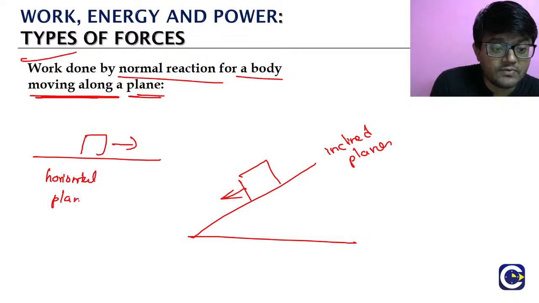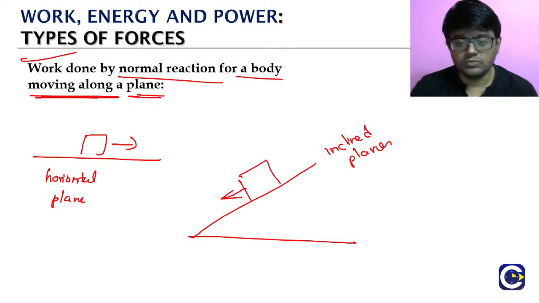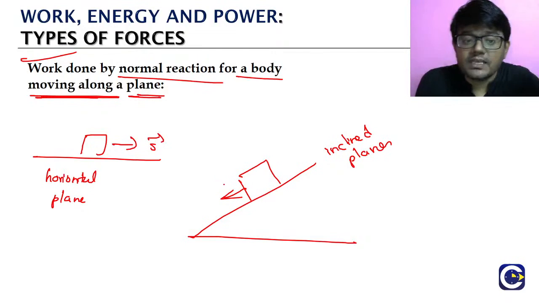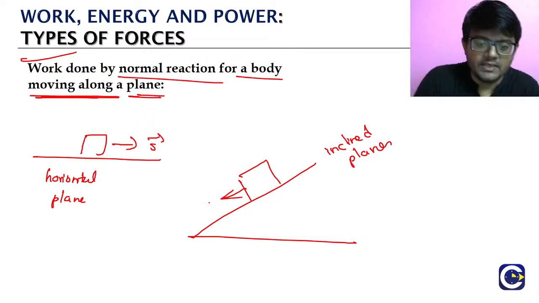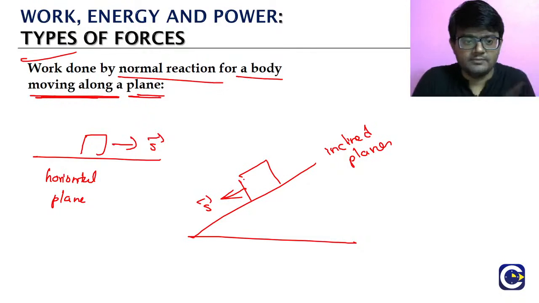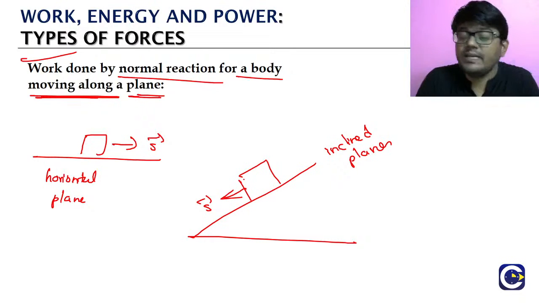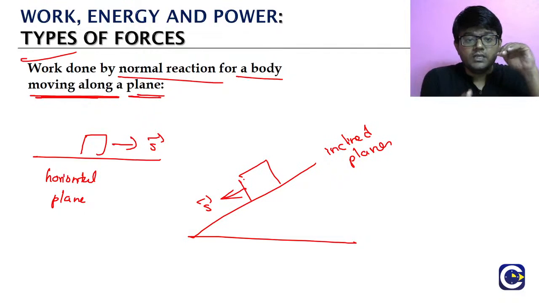Horizontal plane. We can have the plane to be vertical also; we have taken many kinds. But we will just look at some cases. Here the displacement is happening along the plane. Why does displacement happen along the plane? Because the body or object is moving along the plane.